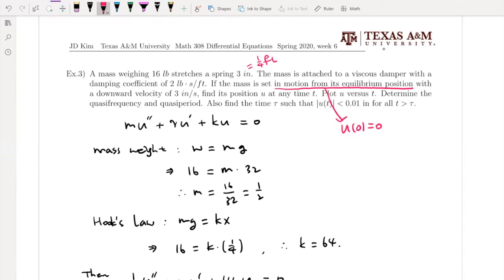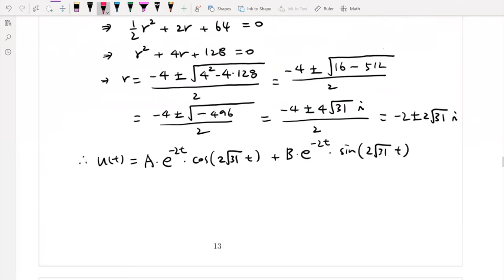And the downward velocity is 3 inches per second, which means u prime(0) equals 1/4 feet per second. Does it make sense? So we're going to use these two initial conditions on my general solution to find A and B.